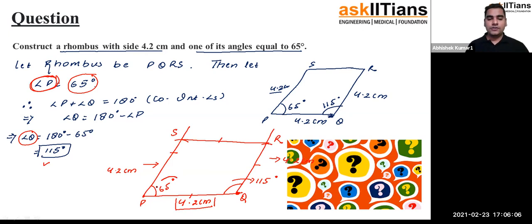Angle P will be equal to 65 degree as per the information provided in the problem, and the adjacent angle is going to be 115 degree here. So that's exactly what you need to do, guys, to draw any rhombus with side 4.2 centimeter and one of its angles equal to 65 degree. I hope you all got it.